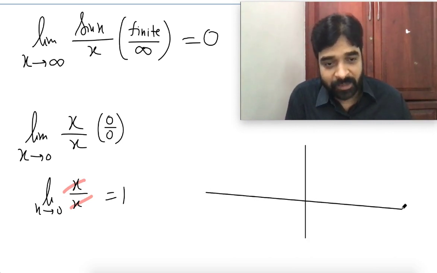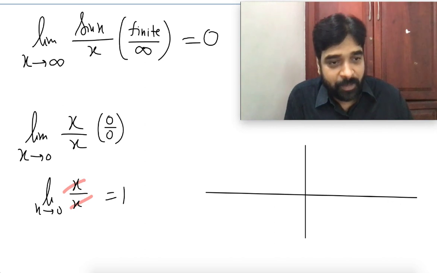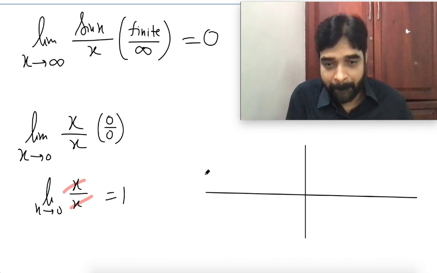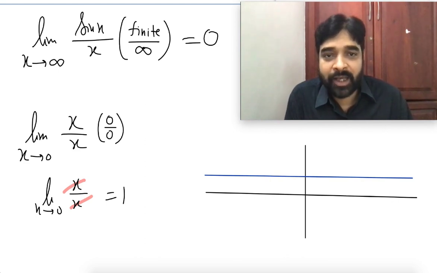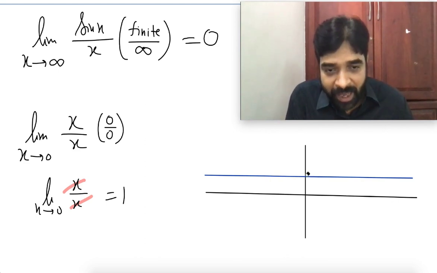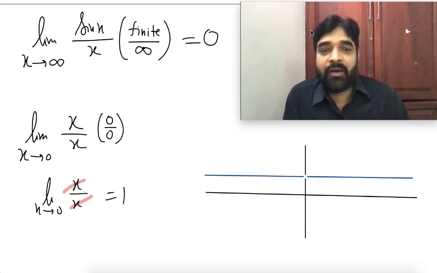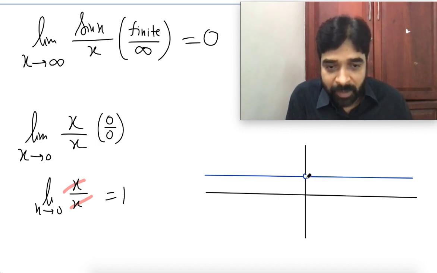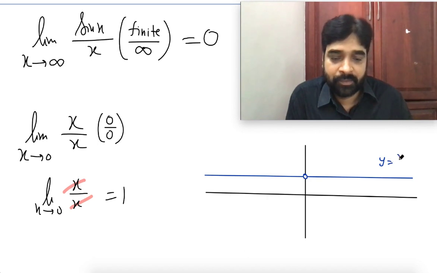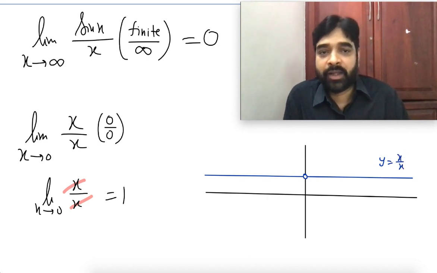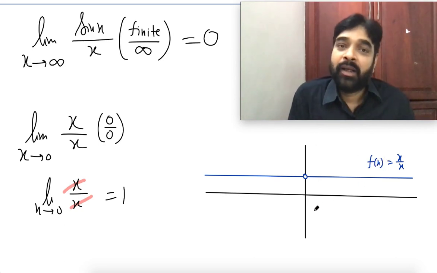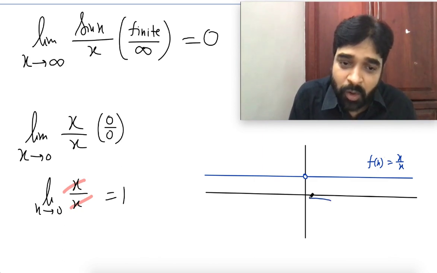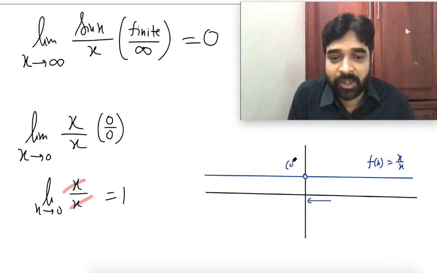Because if you draw the graph of y equal to x by x, or f(x) equal to x by x, now when you go very close to 0, this point is (0, 1).